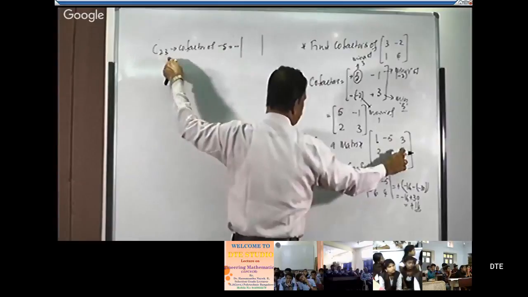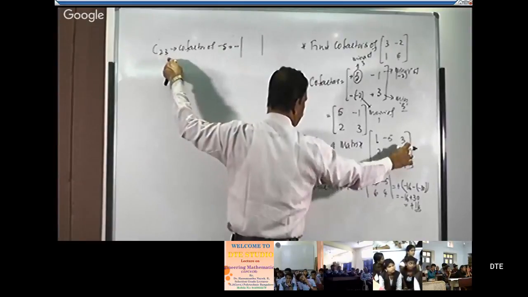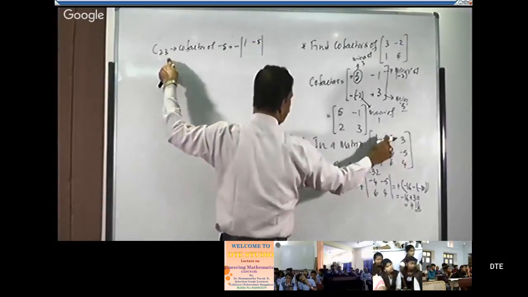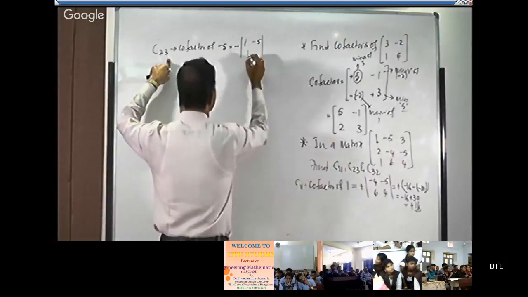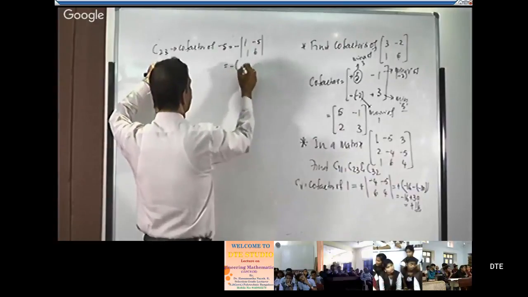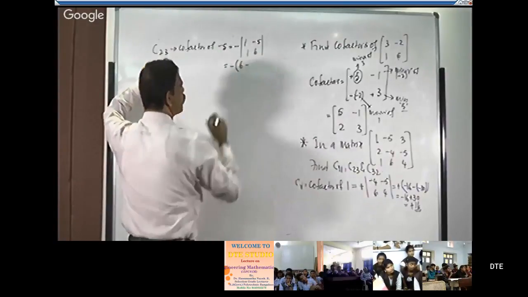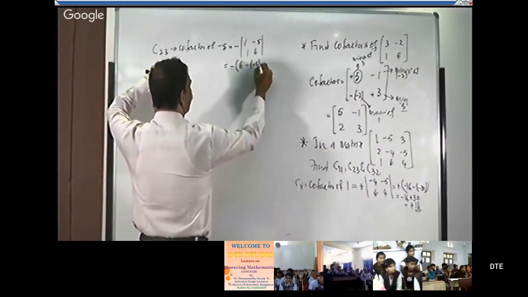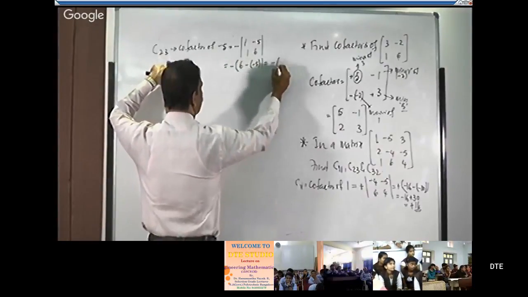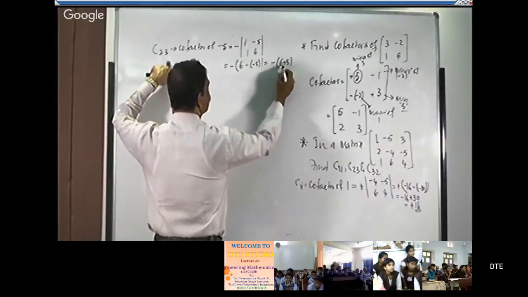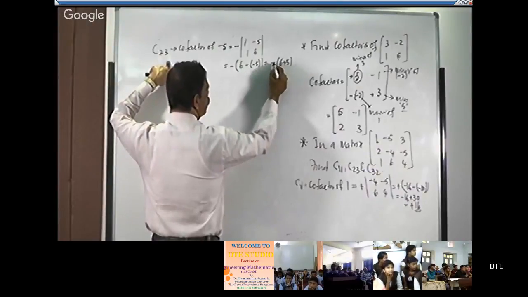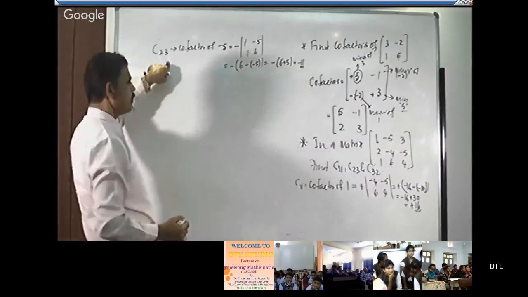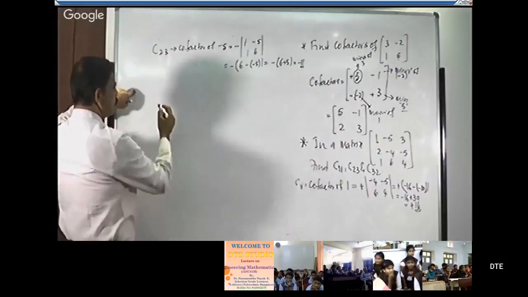What is the minor of minus 5? Leave the column and row: 1 minus 5, 1 6. Expand this: 1 into 6 is 6, minus of 1 into minus 5 is minus 5. Simplifying, minus of 6 plus 5, which is 11, so it is minus 11. The cofactor of minus 5 is minus 11.